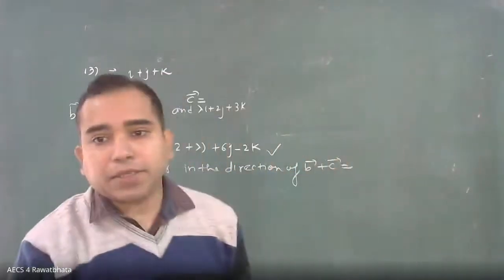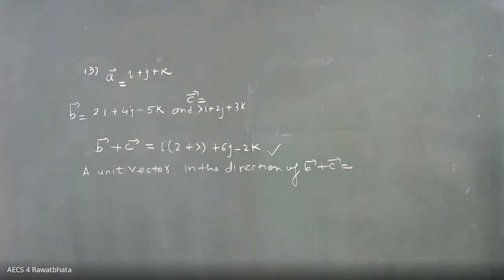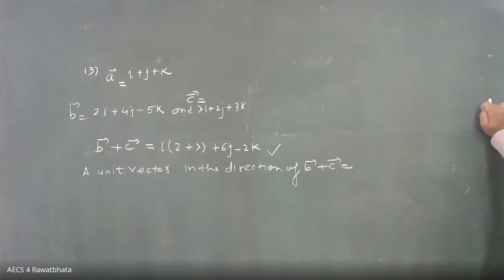Hardik Chauhan is silent. Harsha Gurjar, yes sir. I want to write a unit vector along B plus C. What will be that vector? B vector plus C vector upon under root of B plus C. Right. Tell me what should I write?